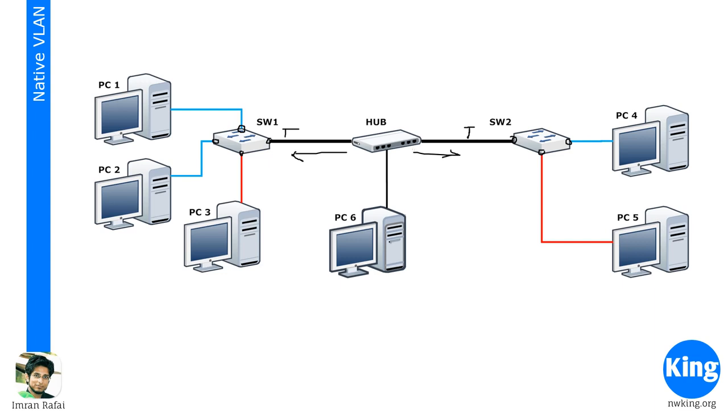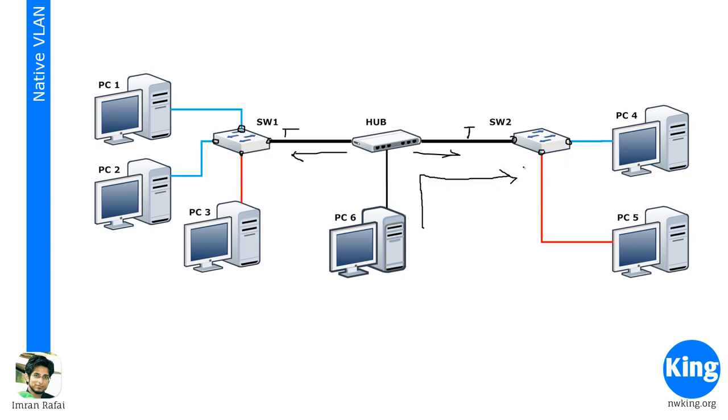Now, a PC, like we said, when any traffic comes from here, it's tagged with VLANs, and it comes to the PC. The PC doesn't understand anything about VLANs, so it just drops it. But what happens when this PC6 wants to communicate with, let's say, PC4, right? So this PC sends traffic, and it comes to the switch.